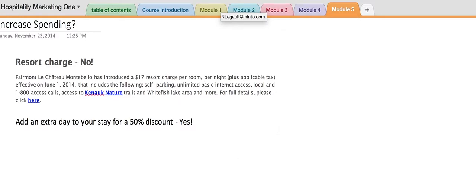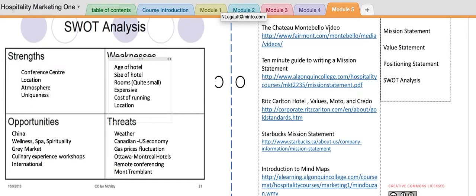So, going back to our opportunities, you can see that they've got some culinary experience workshops, wellness spa, and spirituality. The China market, there's an easy one. You could turn that into an objective to expand the international markets.